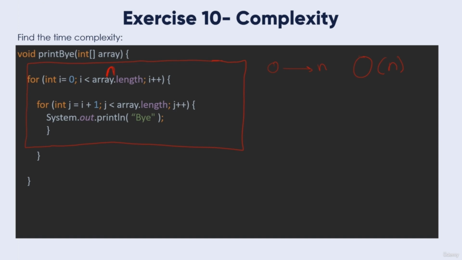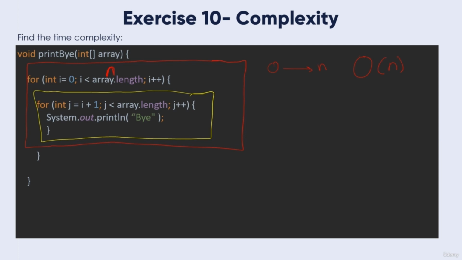Now, the inner loop here, we start from j equal to i plus 1. So here we are going to introduce another trick inside the complexity.